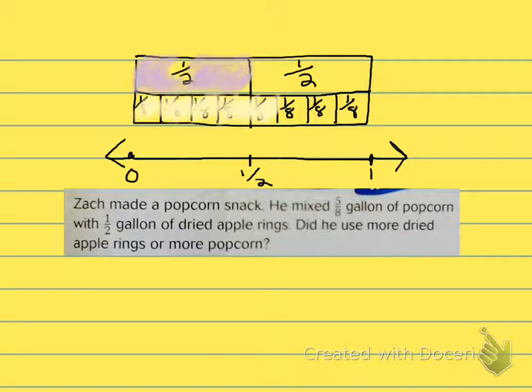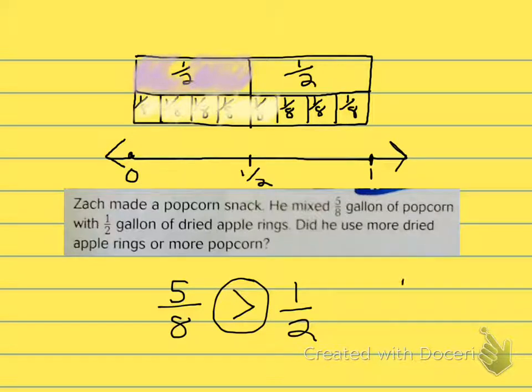So when you're using the benchmark half, 5/8 is clearly greater than 1/2. Also, if you're thinking about it just in your head mentally, you should be able to identify that 4/8 is equal to 1/2 and 5/8 is certainly greater than 4/8.